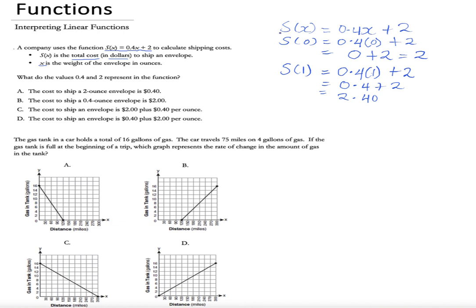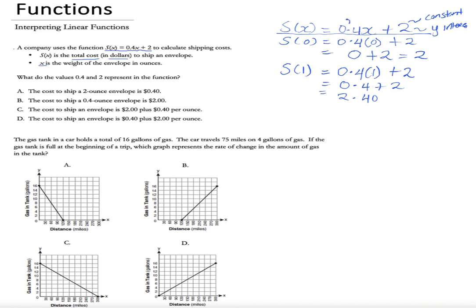So this here is a linear function where 2 represents your constant, or we can say this 2 is also considered your y-intercept because we looked at graphing linear equations.